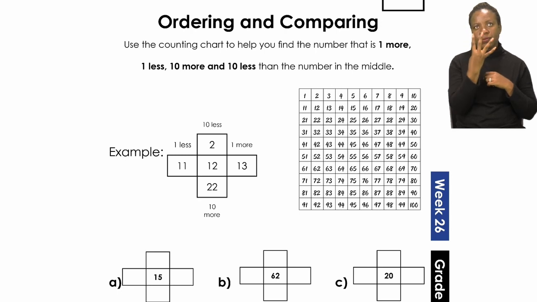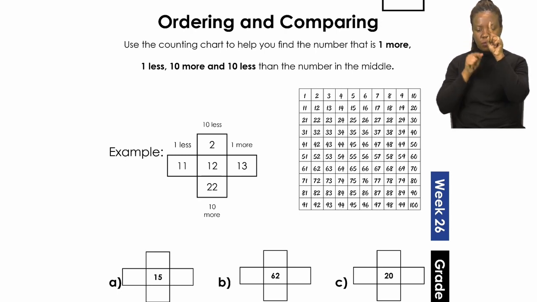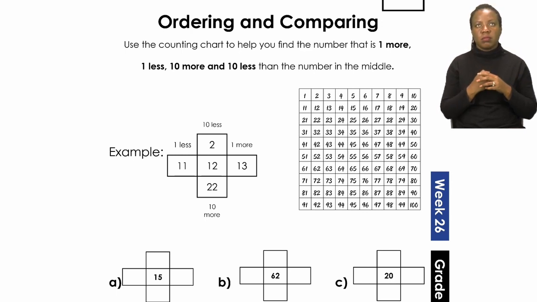There is a block on top, a block at the bottom, a block to the left, and another block to the right. Now for each one of these blocks we have to look at and find the number that is 1 more, 1 less, 10 more and 10 less.